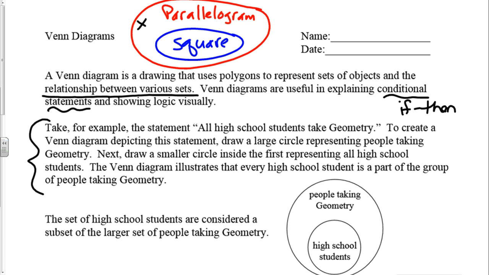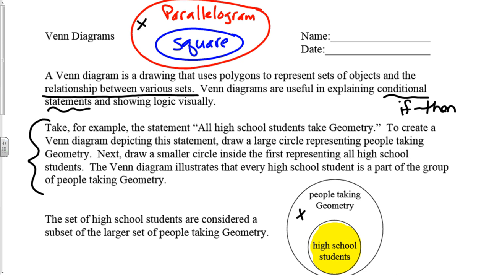You can see the Venn diagram that we have, and if we take all of the high school students, every single one of them is inside the circle for people who take geometry. So that means there are people out here who aren't high school students who are taking geometry, perhaps a middle school student, perhaps a student in college, but all the high school students are people who will take geometry.